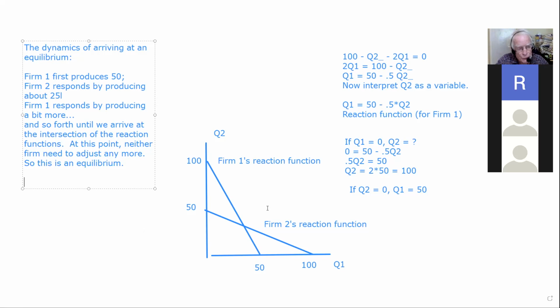Since both firms are thinking about the problem in the same way, they will produce the same output. We have that Q1 is equal to Q2.